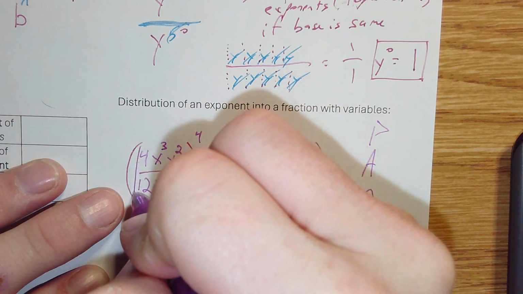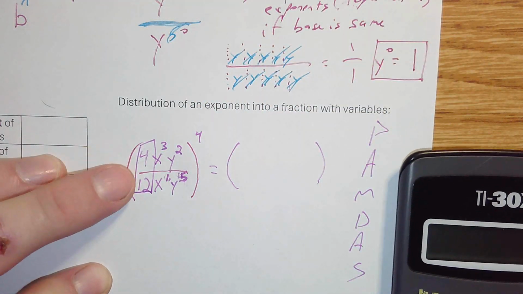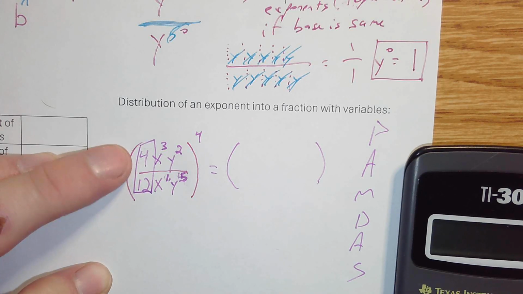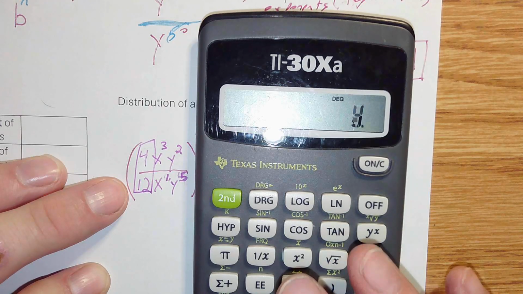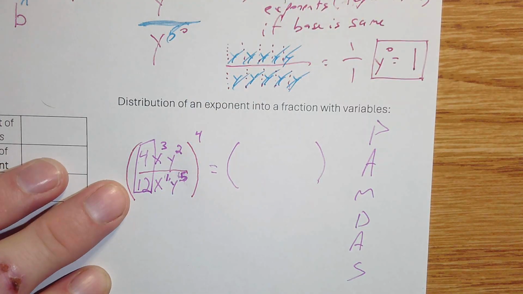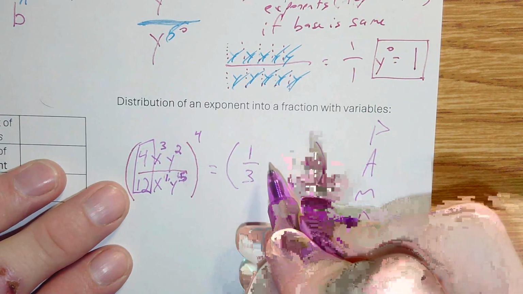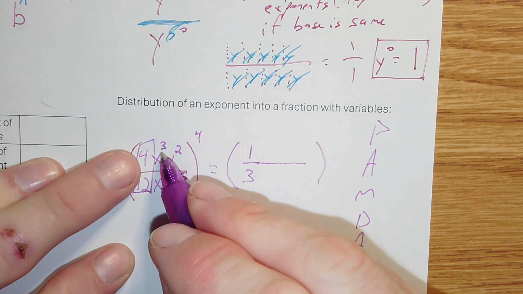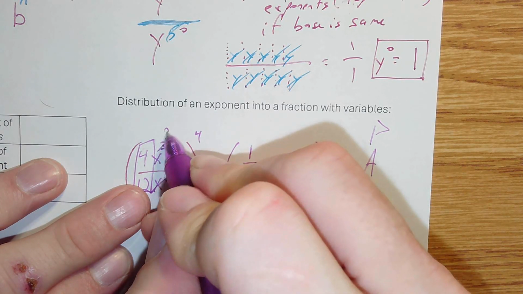Remember, our first step is to reduce our coefficients. Well, first step is to see if it's going to be negative or positive. Well, this is going to be positive because a positive divided by a positive is a positive. So 4/12 is 1/3 again. Man, look at that, 1/3. Okay, and then let's look at our x's. We have an x to the 3rd and an x to the 1st. That x to the 3rd makes that an x squared.